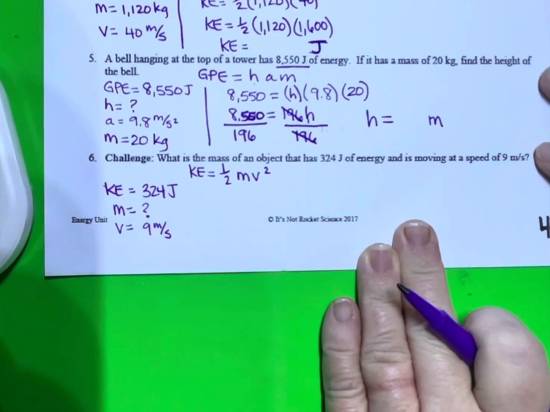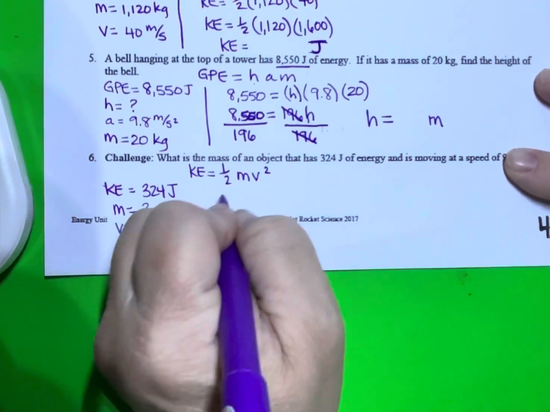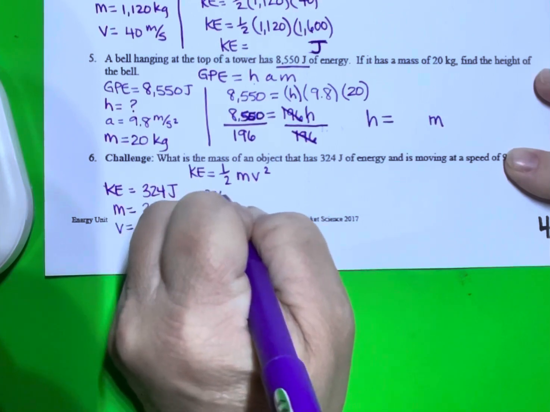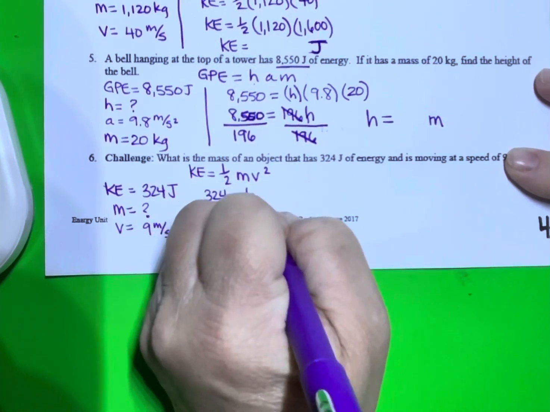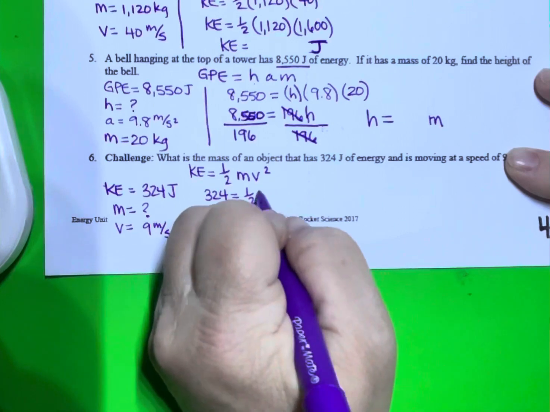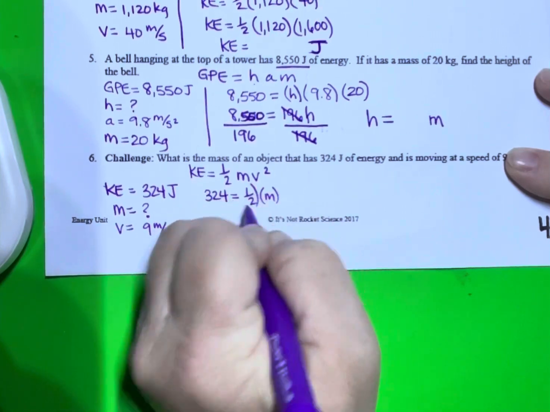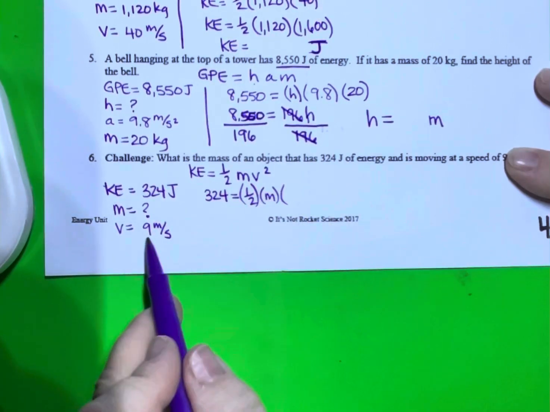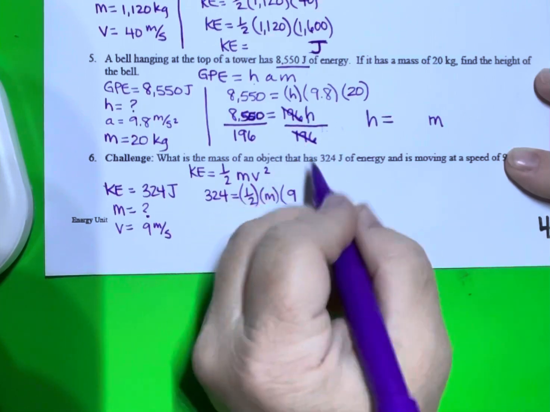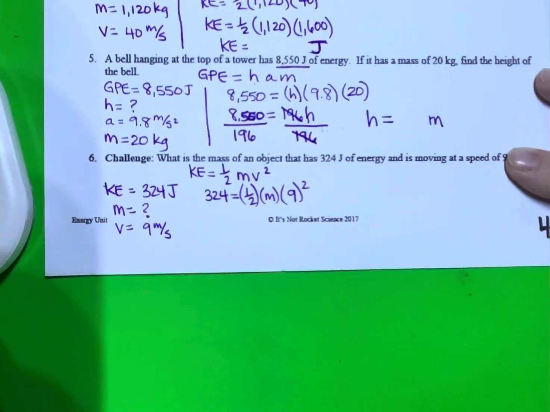Now we just plug it in and solve. So we say 324 is equal to 1/2 times m times 9, which is the velocity, and it has to be squared.